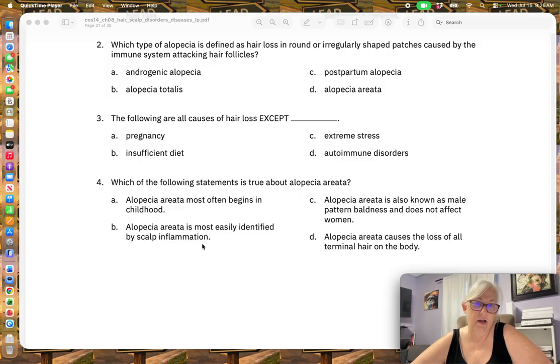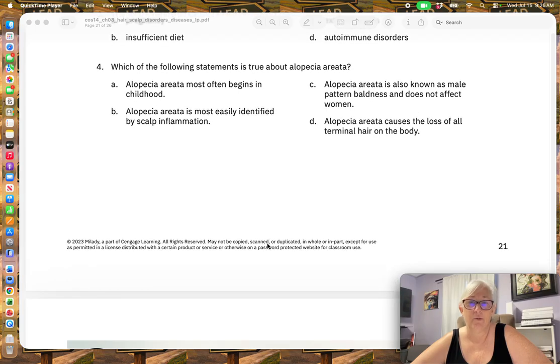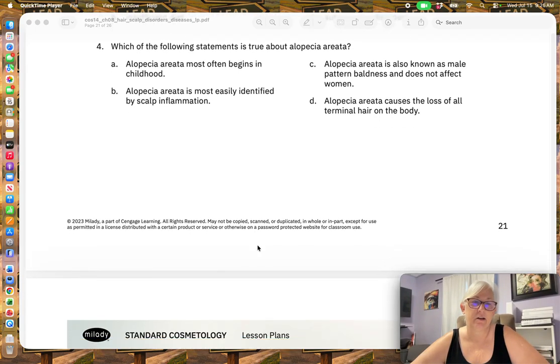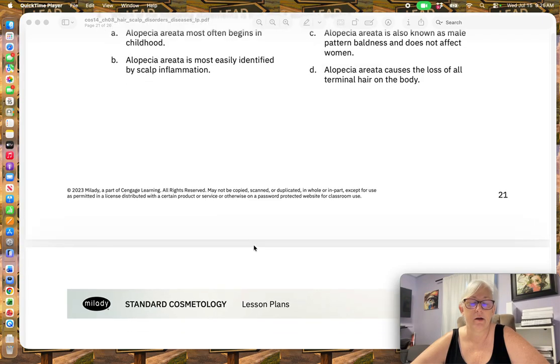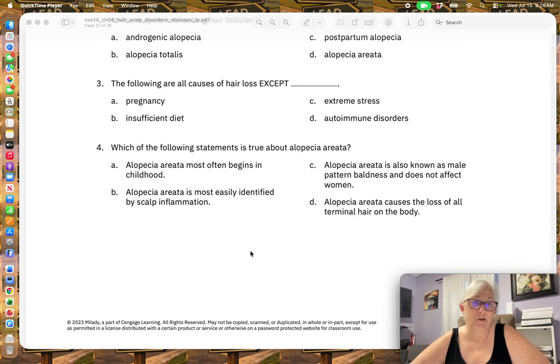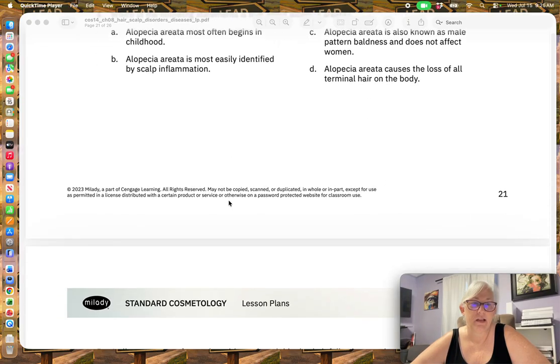Alopecia areata does not necessarily cause scalp inflammation. It is not male pattern baldness, and it does not cause the loss of all terminal hair on the body, which is your regular hair, not like your little face hairs or anything like that. Terminal hair is like your hair. So the answer to that one is going to have to be A. 4 is A. So that's the answer.